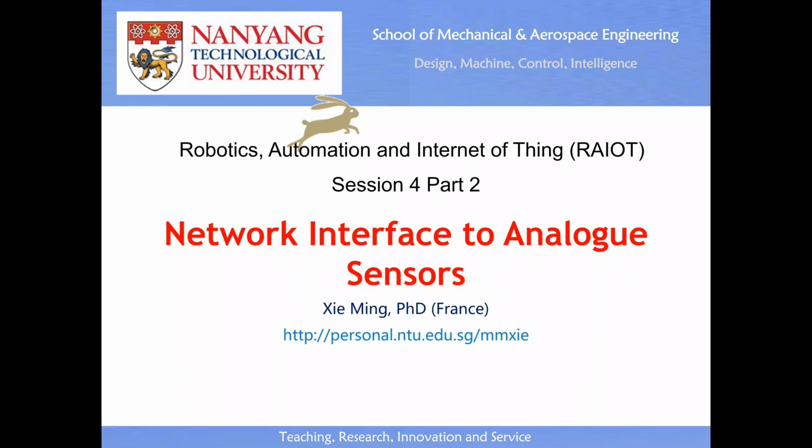Okay, so we start to move on to study lecture 2 in section 4. By now we understand that the three major devices inside Internet of Things include microcontroller, sensor, actuator, all right?